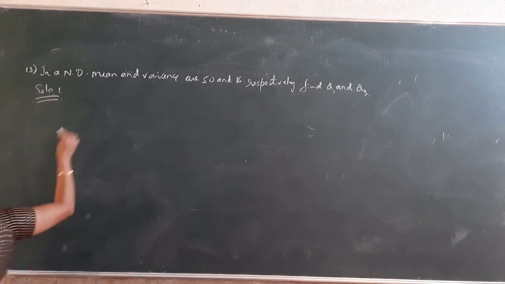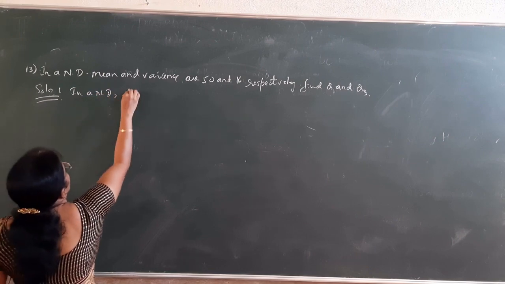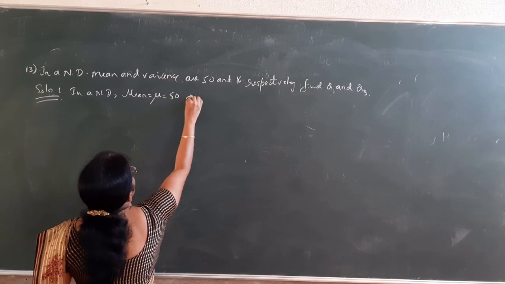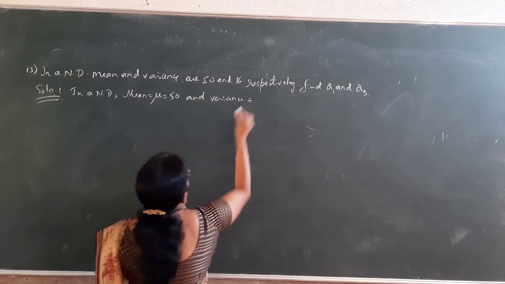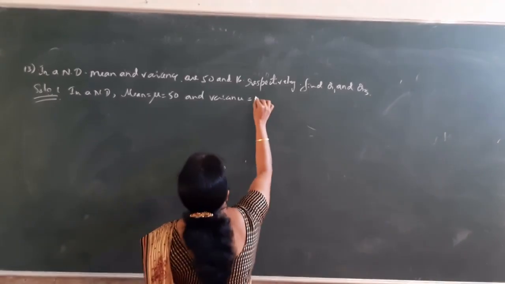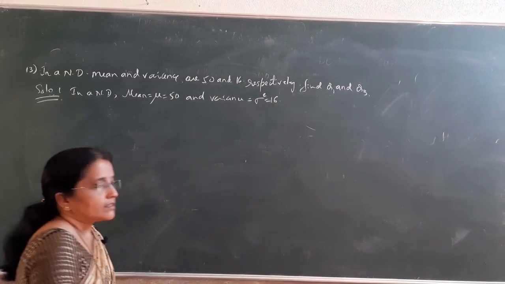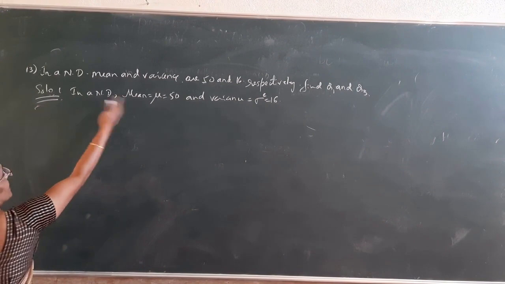What are given? In a normal distribution, mean mu equals 50 and variance sigma square equals 16. Right? Next, what else is asked?